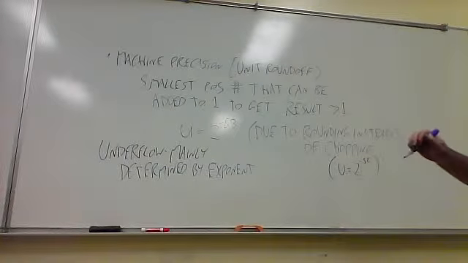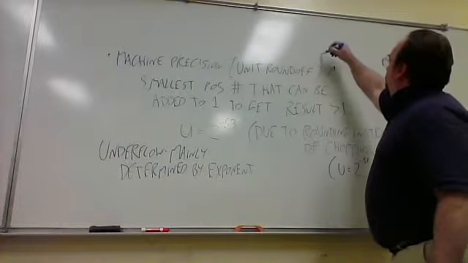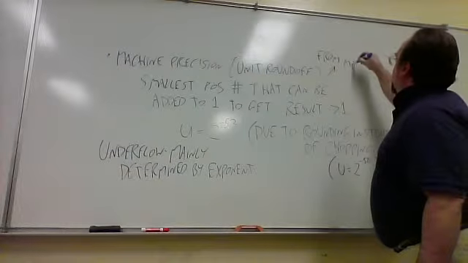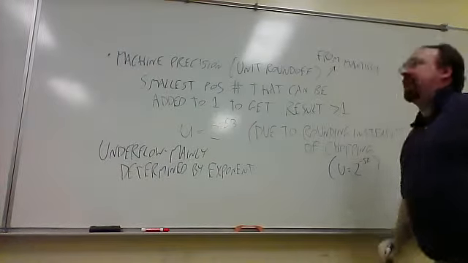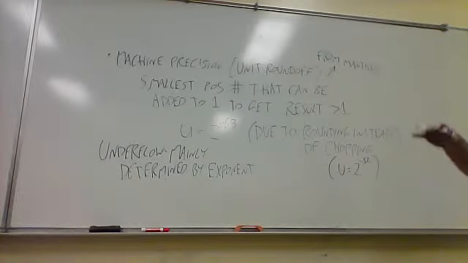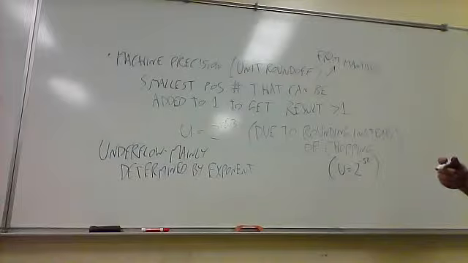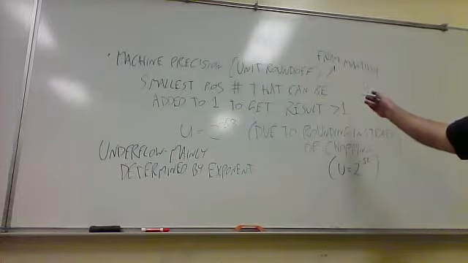Whereas machine precision is determined exclusively by how many bits you have in your mantissa. The exponent has nothing to do with it. So yeah, a lot of people get underflow and unit round-off mixed up, but they come from two separate parts of a floating point number. So for example, suppose I use some other floating point system where I still have 52 bits for a mantissa, and now I only have 6 bits for the exponent. My unit round-off is not going to change. My underflow level will.